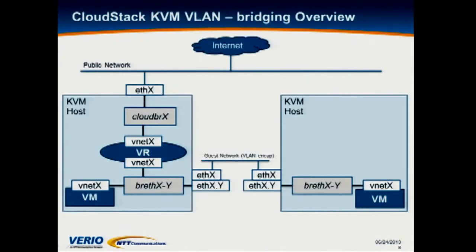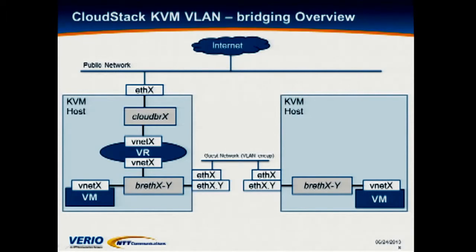Okay. So this diagram shows the bridging overview in the KVM guest. There is a public network, and the public network is connected to some Ethernet interface, let's call it EtherX. It's connected to the Cloud Bridge, and the Cloud Bridge is connected to the VR for public networking. And the VR also has a virtual interface for the guest network, and it's connected to a bridge interface called BR EtherX-Y, which is connected to the VMs inside the same host as the VR.